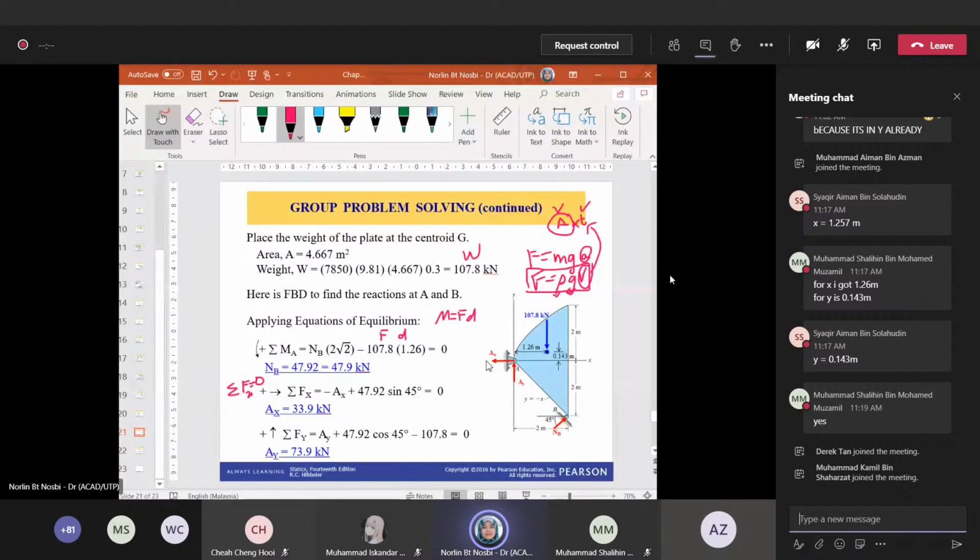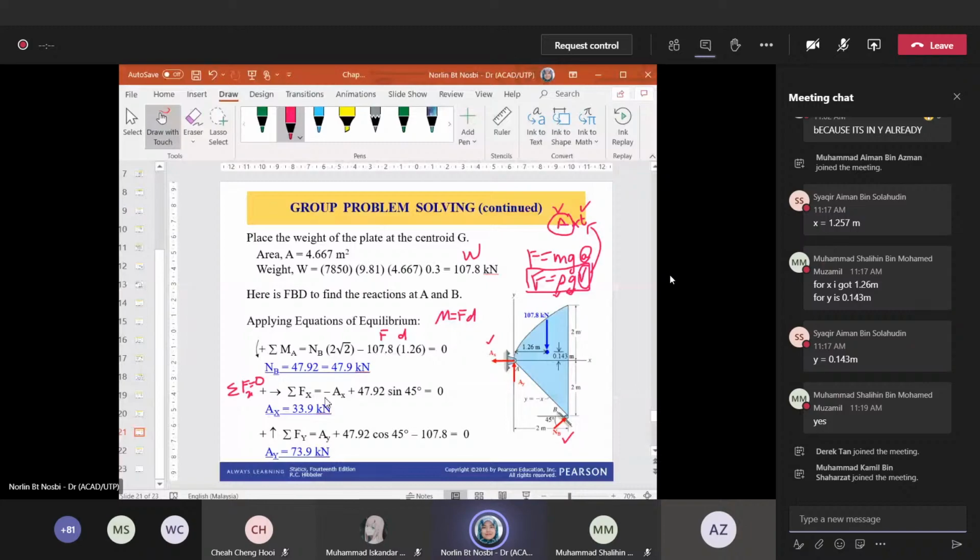There would be Ax, right? There would be Ax, and then what else? This one is Y, so the other one is NB. So there are only two forces for the x-axis. Ax, the direction is to the left, so it will be negative.